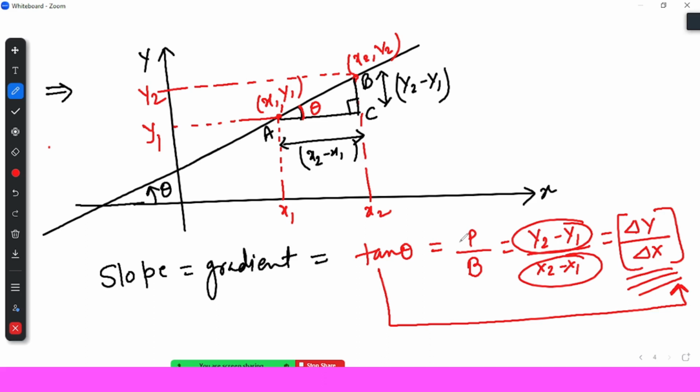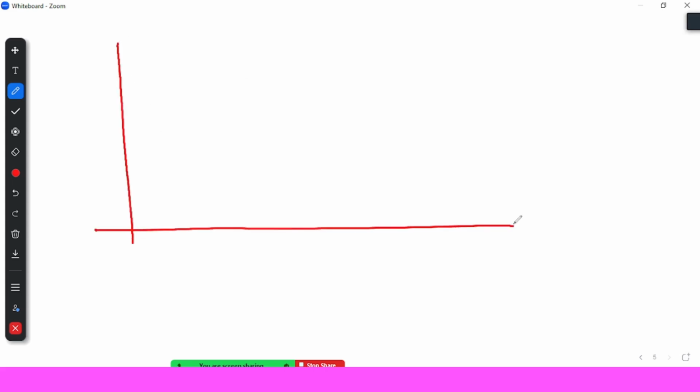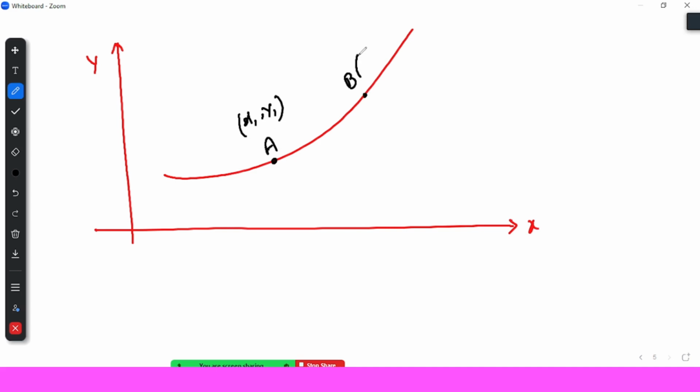Is it okay? But now you will remember that if, let us suppose, my graph is like this, something a curve, right Rishit? And now I have 2 points again, that is the point A, x1 comma y1, and this is the point B, that is x2 comma y2.